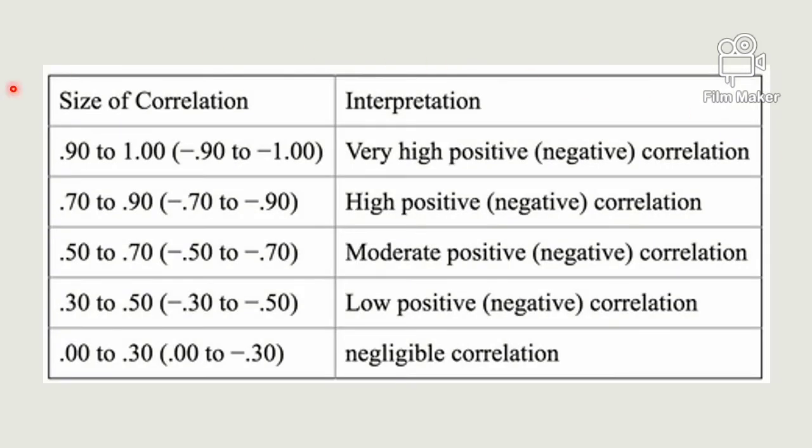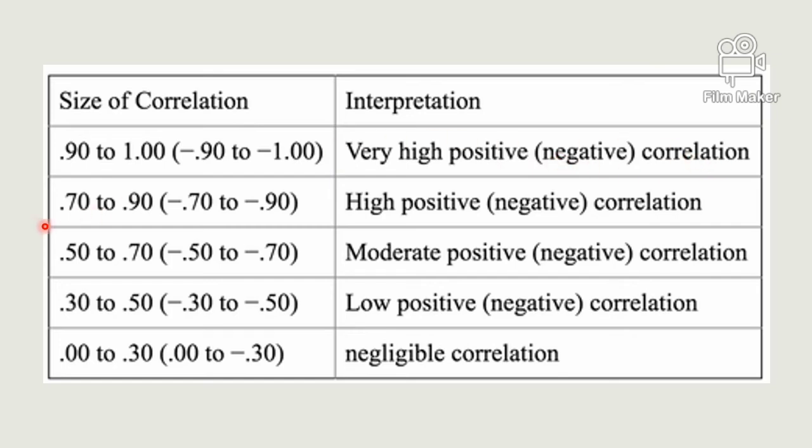So what are the sizes of correlation? These are the interpretations. If you have a value of 0.90 to 1.00, you have a very high positive correlation, and negative 0.90 to negative 1.00, a very high negative correlation.